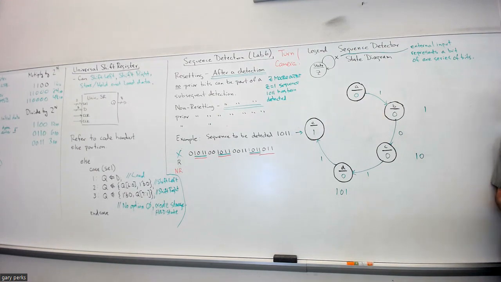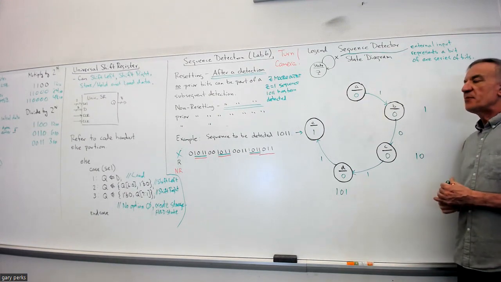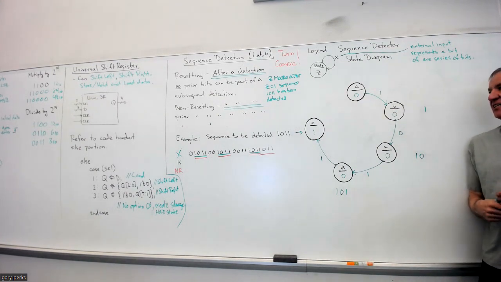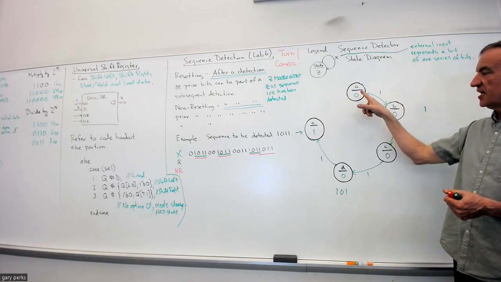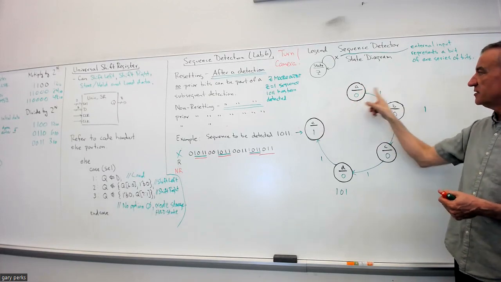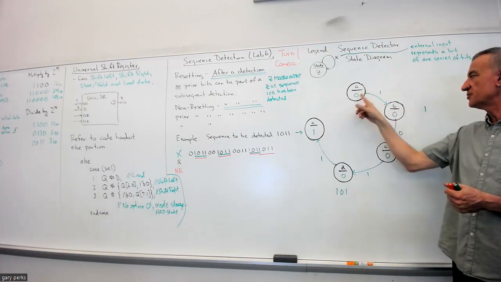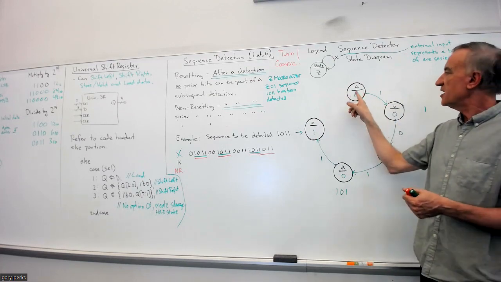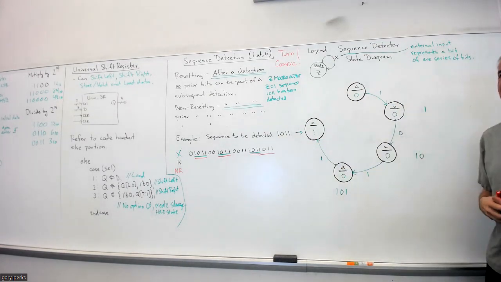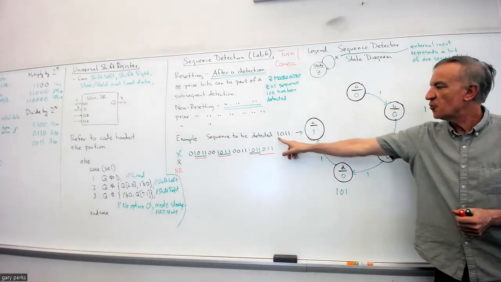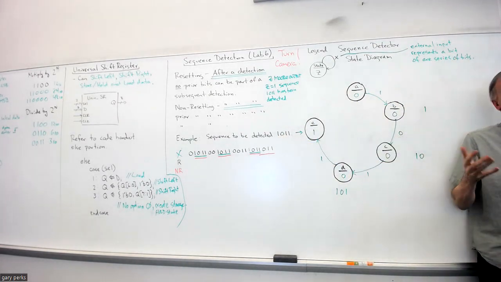All right, so now let's think about what the state diagram is going to look like when we get a bit that's not a bit we're looking for in our sequence. We'll start at state A, because at state A, if we get a 1, that's the first bit in our sequence, so that's why we go to state B. But let's say we're in state A, we're starting, and instead of getting a 1, we get a 0, which is not part of the sequence we're looking for.